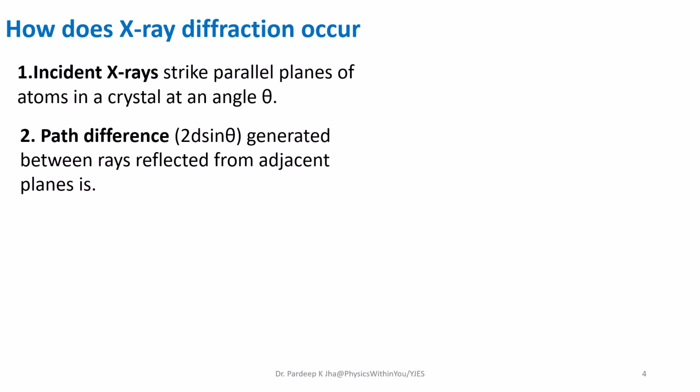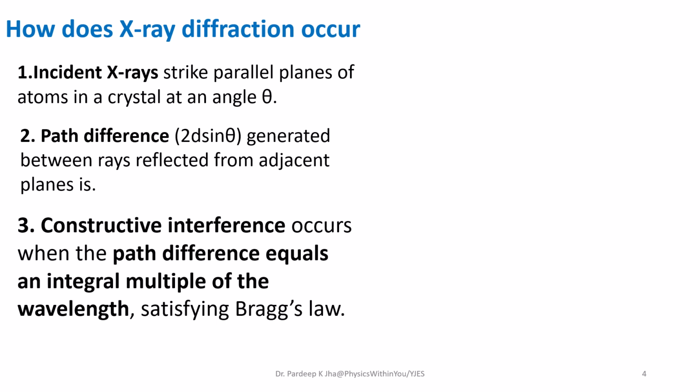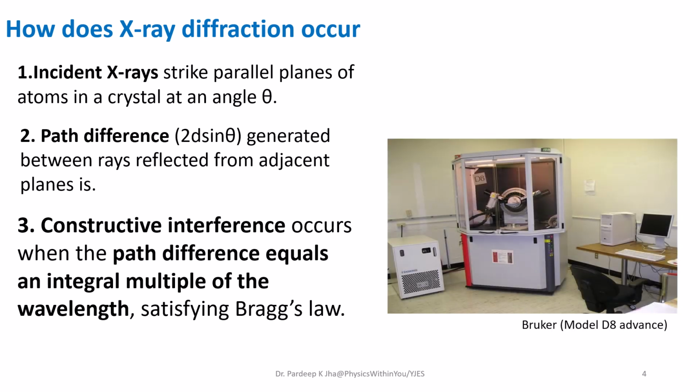So a path difference equivalent to 2d sin theta is generated, and they have to satisfy constructive interference for the diffraction pattern, and that's why X-ray diffraction occurs with the formula we have learned. Now, what machine does this?